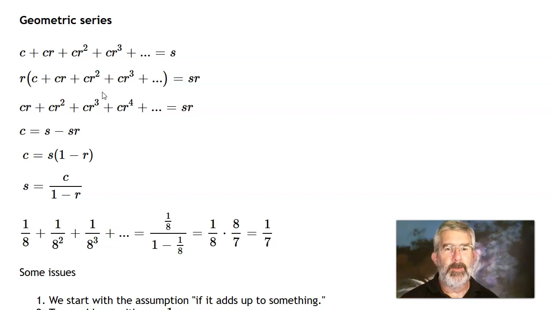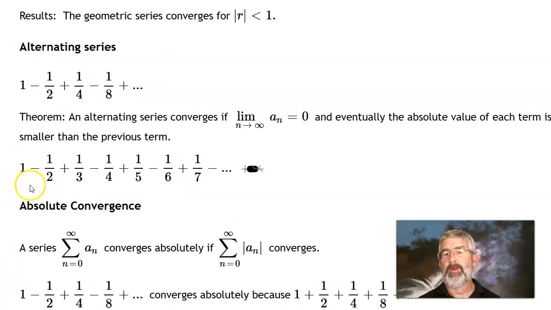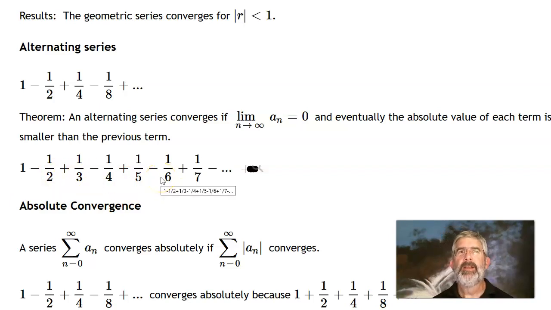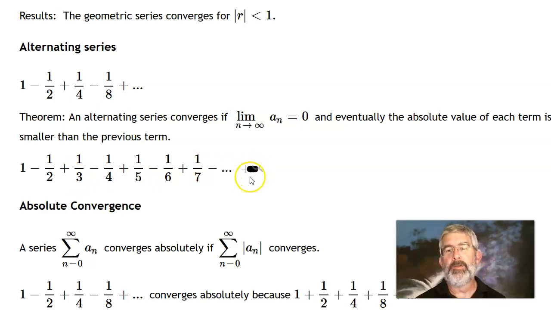If you're not within the interval of convergence, let me find an example of that. When we were talking about the alternating series, we mentioned this, what's this called? The alternating harmonic series. This converged conditionally, as it turns out. And it adds up to log 2. But if you allow me to change the order of the terms, I can get this to add up to anything you want.